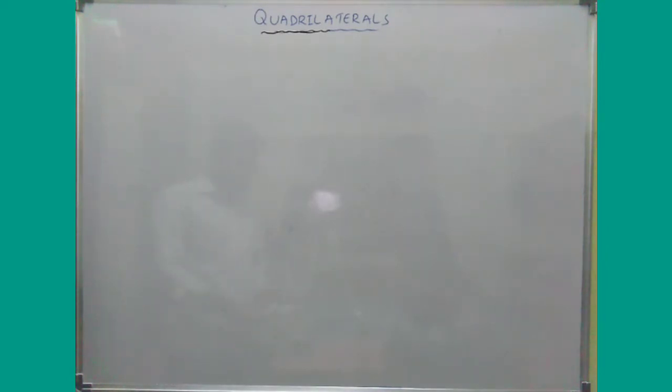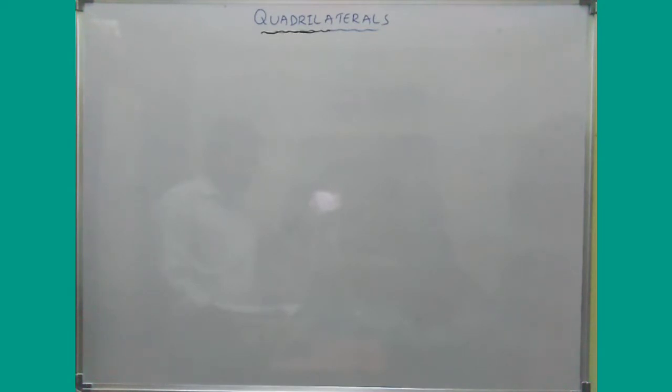In the last video, we had discussed what is the area of a plane figure and also discussed two theorems. One is that in a parallelogram, the diagonals will divide it into two equal areas.